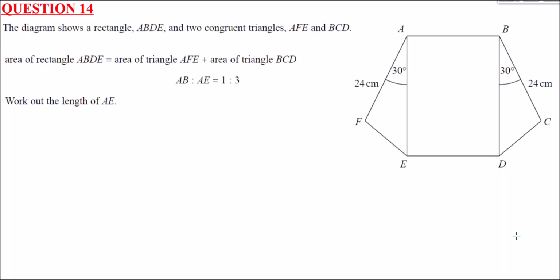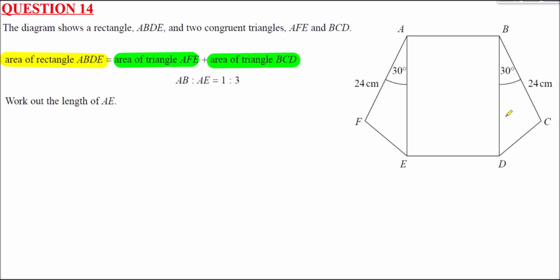Question 14, we have an area question, which relates to geometry of simple shapes. So we've got a rectangle ABDE and 2 congruent triangles AFE and BCD. Now, importantly, we're told that the area of ABDE equals the area of AFE plus the area of BCD.